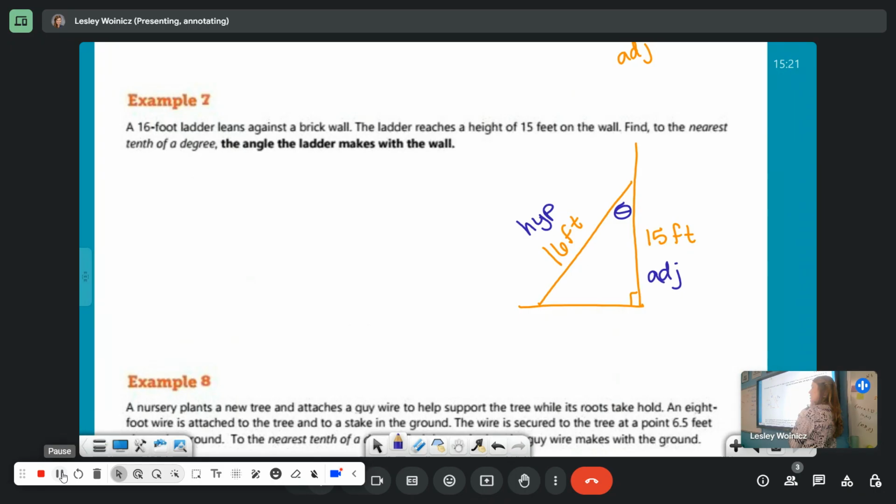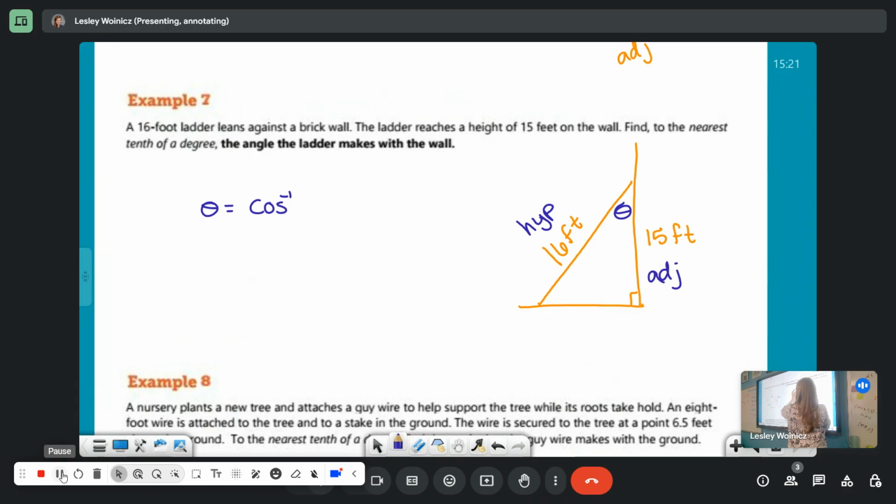So which of our ratios compares adjacent to hypotenuse? Cosine. So are we trying to find a ratio or trying to use a ratio to find an angle? Okay, so we're going to use inverse cosine. So theta is the inverse cosine.